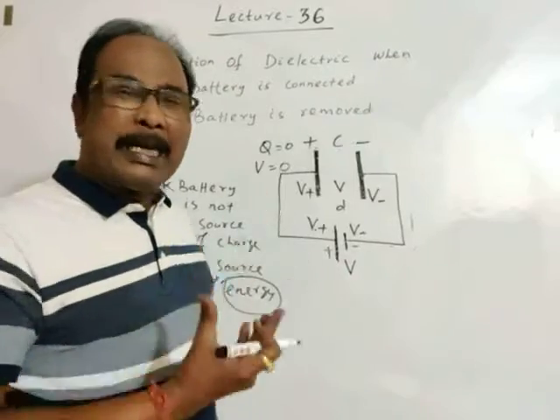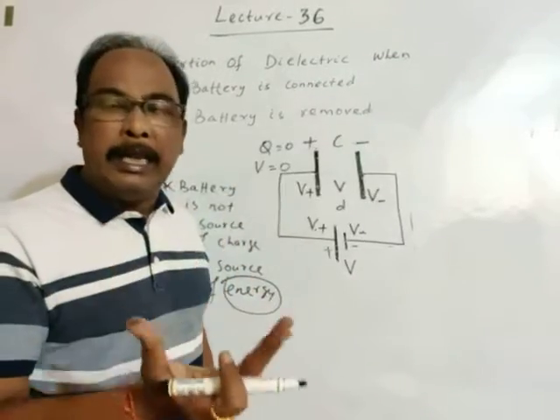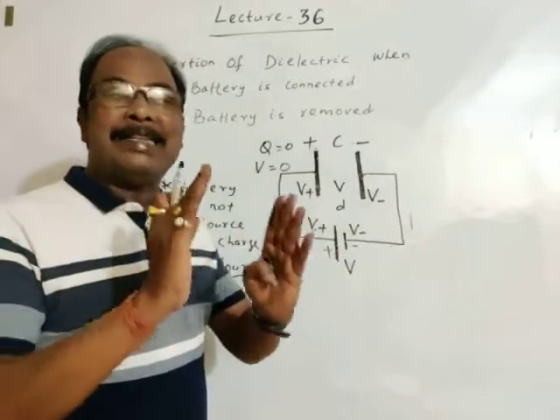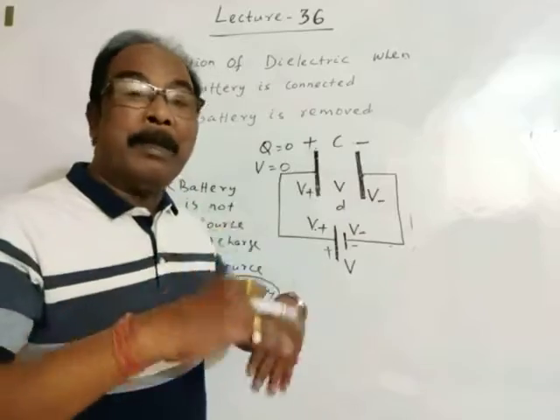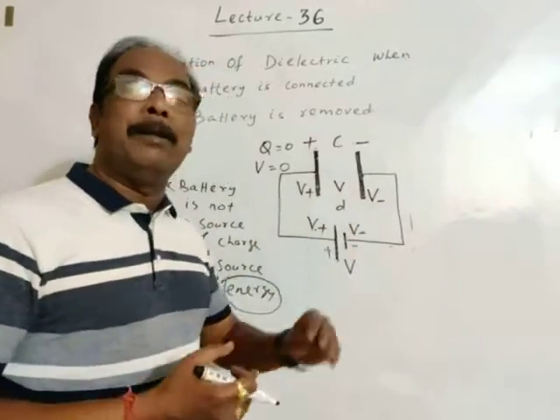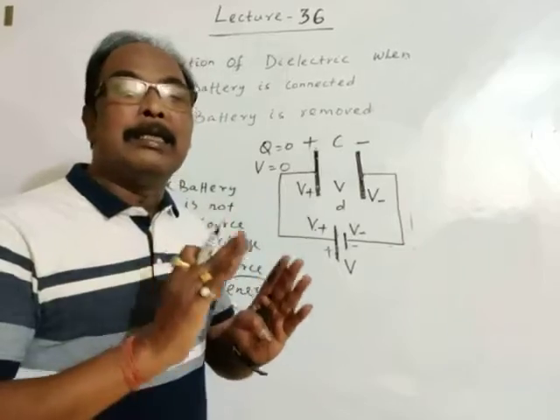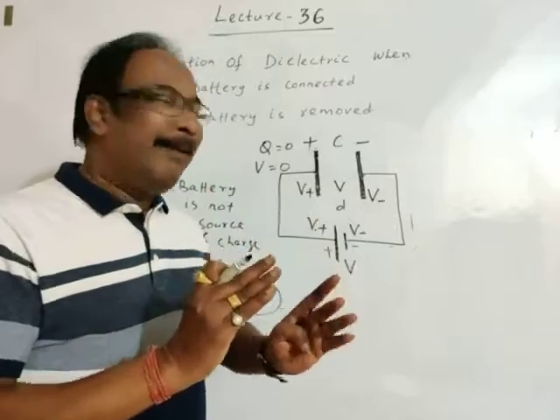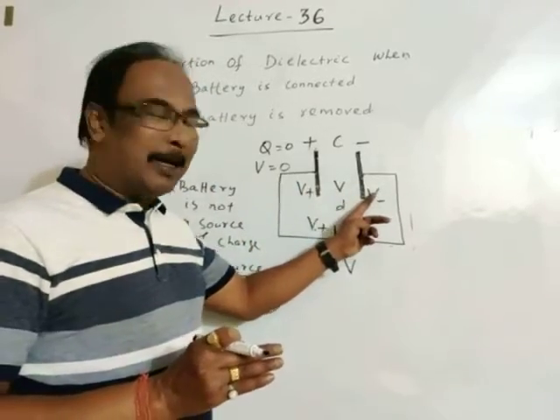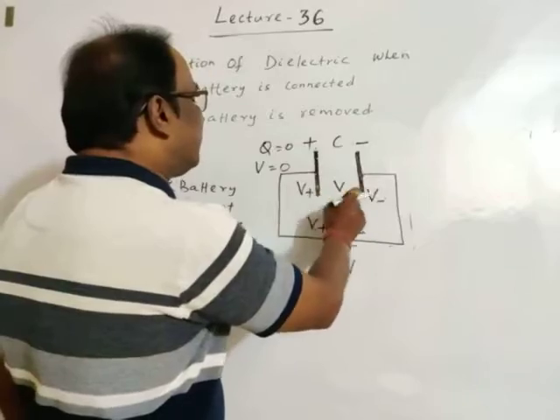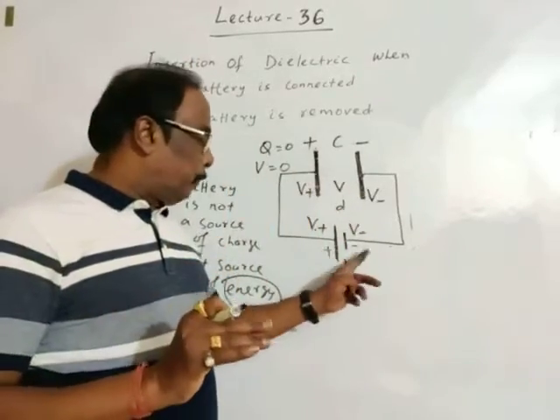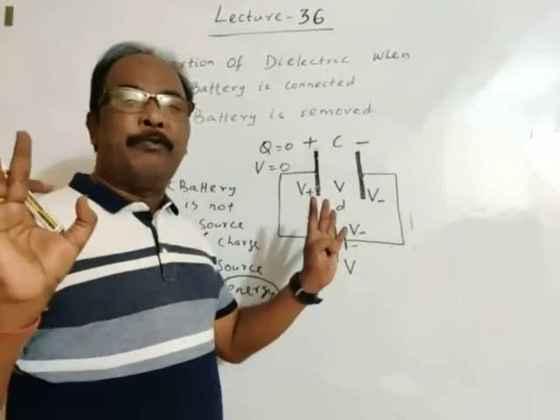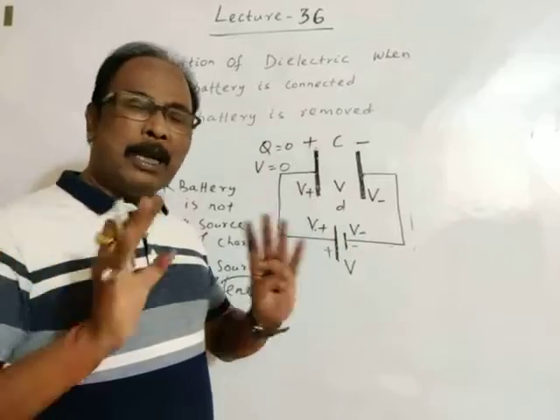The charging process continues till the potential difference between the plates of the parallel plate capacitor becomes equal to the potential difference between the terminals of the cell. Now the capacitor is fully charged.